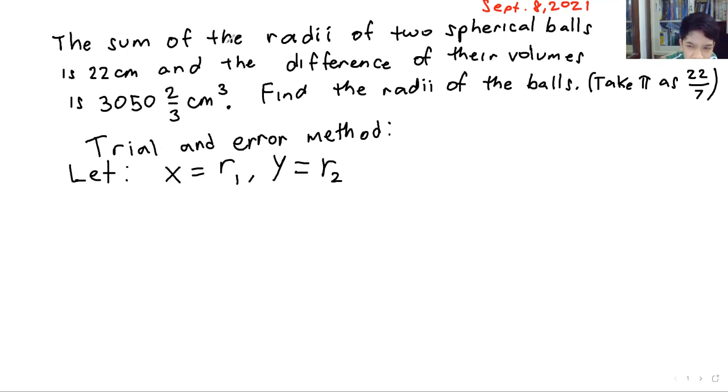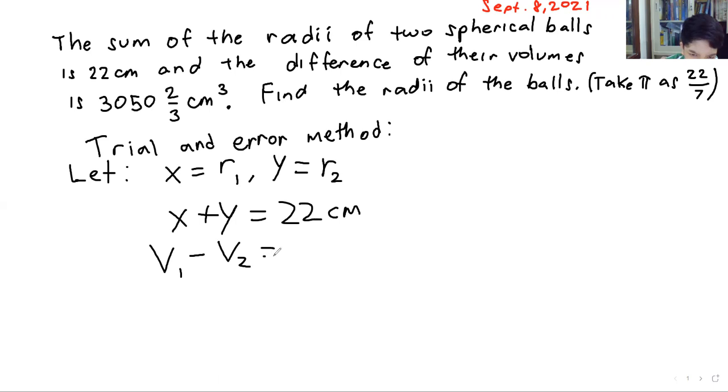From the given, we can see that the sum of the radii is 22 centimeters. So x plus y equals 22 centimeters. And the difference of their volumes is 3050 and 2/3 centimeters cubed. So that is volume 1 minus volume 2 equals 3050 and 2/3 centimeters cubed.